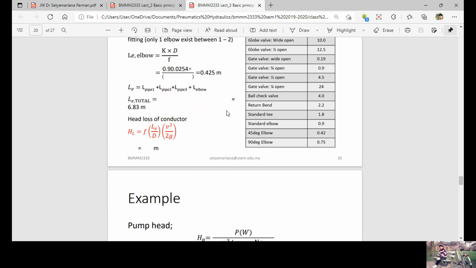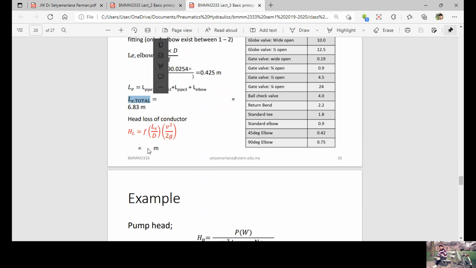Okay, then after finding the equivalent total length, we get the head loss of the conductor, meaning pipe, fitting, elbow, and so on. So we have SL equal to F multiplied by LE over D and then multiplied with V squared over 2G. We use LE, the total equivalent length of pipe.